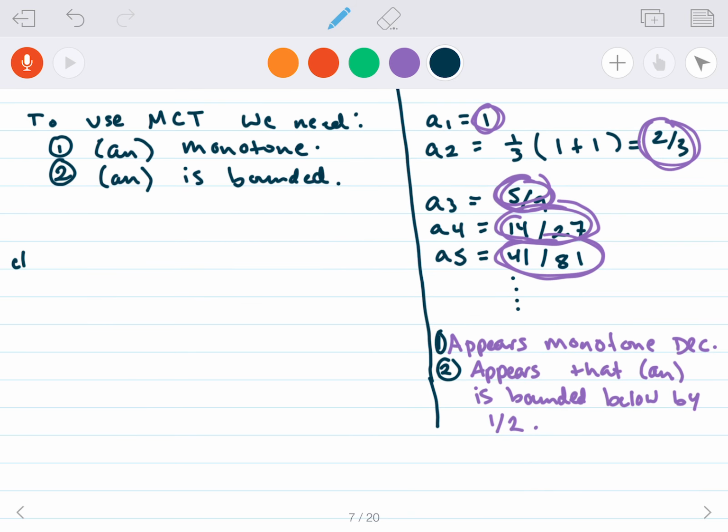So the first claim is that we're going to justify that this thing is indeed monotone. So a sub n is monotone decreasing. And what do we need to show for that?